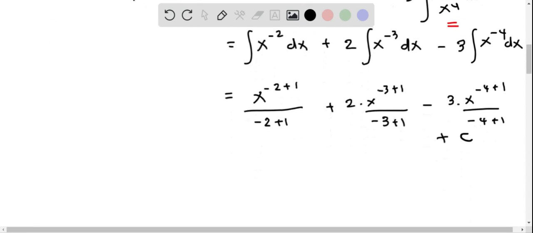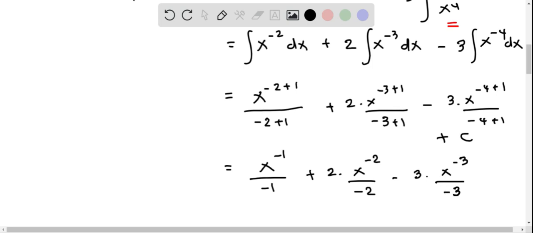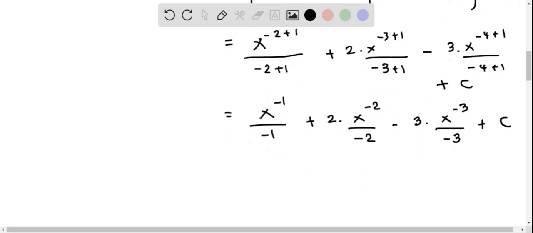So let's simplify or rewrite this in a better form. This is equal to x raised to the power of minus 1 divided by minus 1, plus 2 times x raised to the power of minus 2 divided by minus 2, minus 3 times x raised to the power of minus 3 divided by minus 3, plus the constant of integration. Let me simplify this.